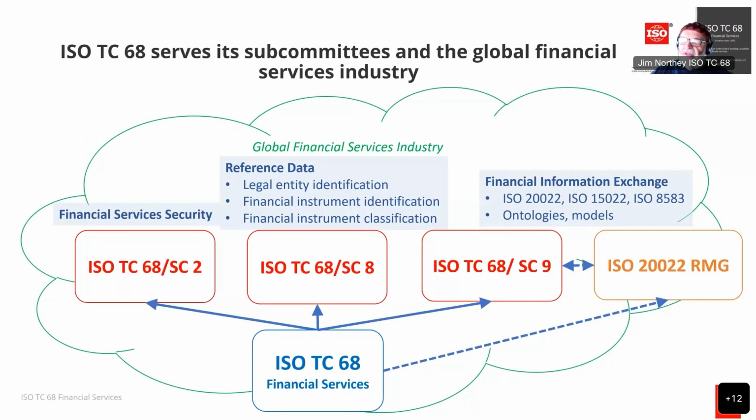One takeaway for me is that there are many syntaxes and languages, but really at the data element and the identifier level, if you can solve the individual data element problem, you can gain a lot of interoperability and benefits from that process. And then we have SC9, which is where our ontologies live and our important messaging and interchange standards live.